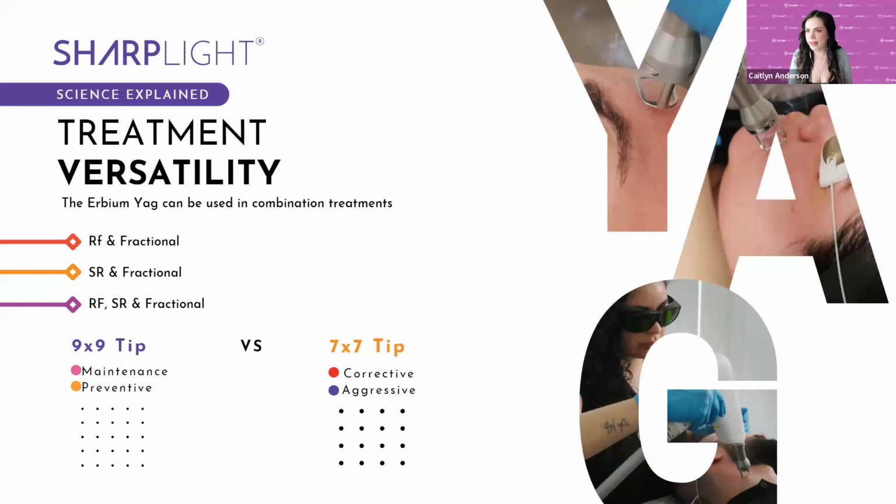There are times where I have a nice, thick, oily, tight skin where 9x9 really isn't going to do much for them if I'm working on their acne scars. Even in a stacked treatment protocol, I will still incorporate my 7x7. But like I said, it's a client by client basis, and how you feel they're going to result best. And always test patch, right?